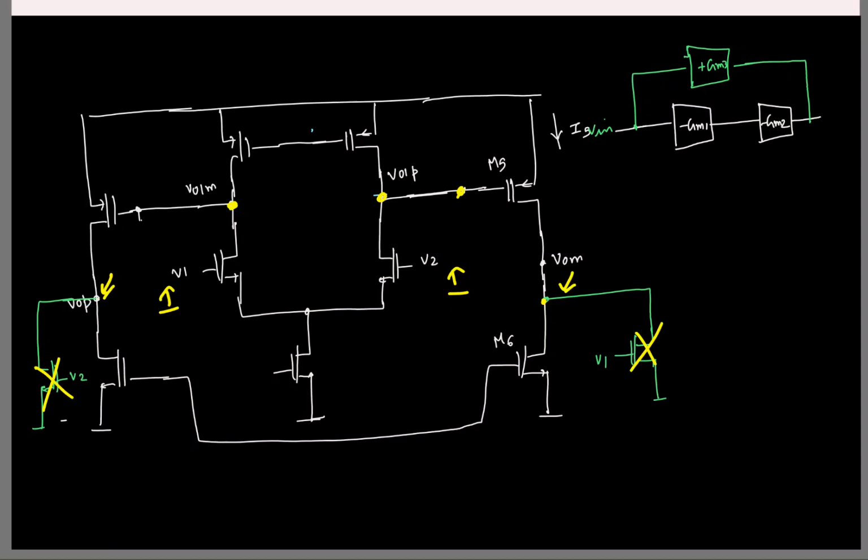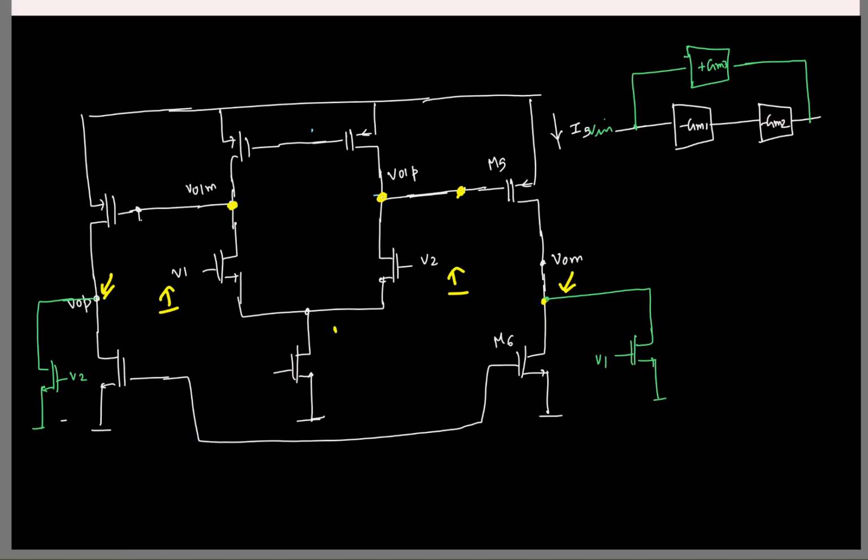What I'm saying is, in that case, if the two inputs change in the same direction, what will happen to these voltages? So how will you find if it is changing or not changing? You draw the common mode half circuit and do.